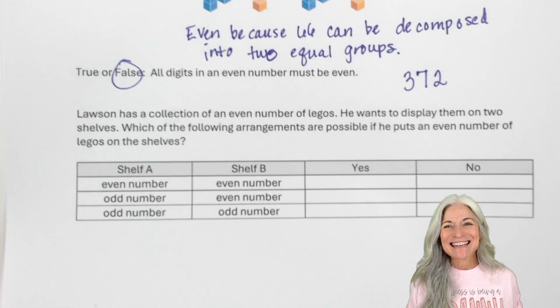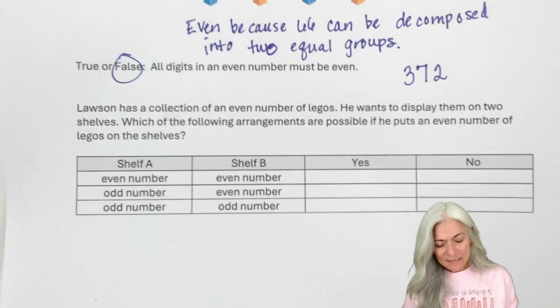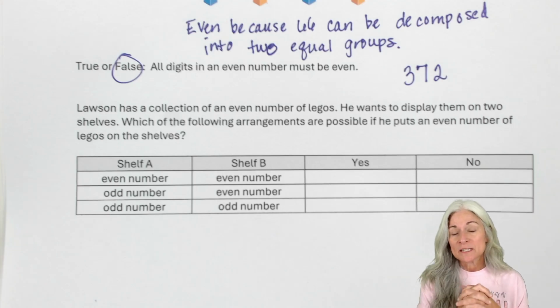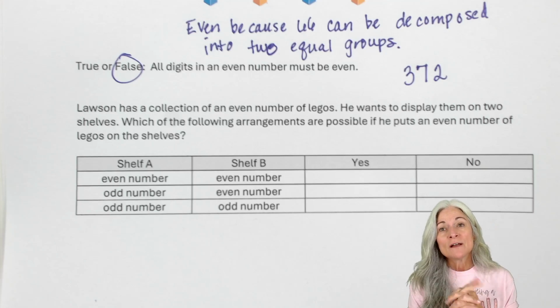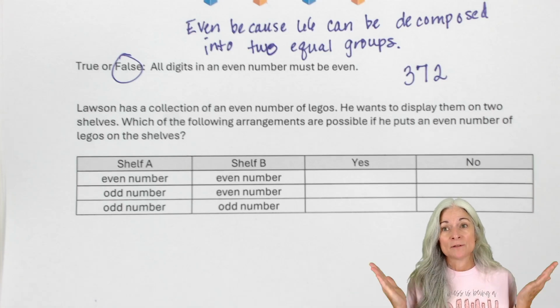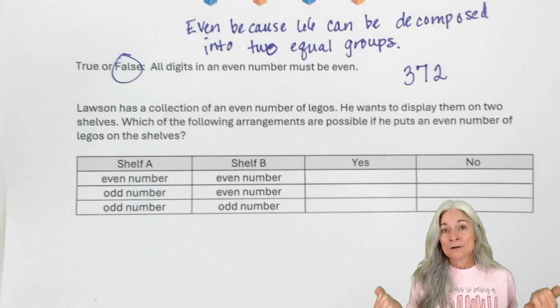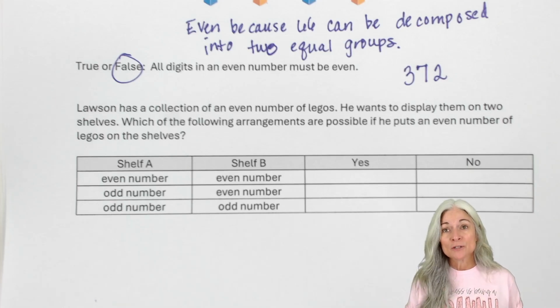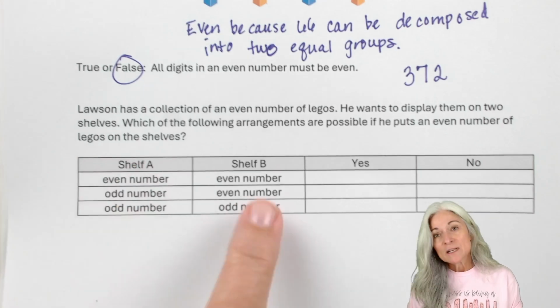All right, here's a little shout out question to Lawson. Lawson has a collection of an even number of Legos. He wants to display them on two shelves. Which of the following arrangements are possible if he puts an even number of Legos on the shelves? Could he put an even number on each shelf?